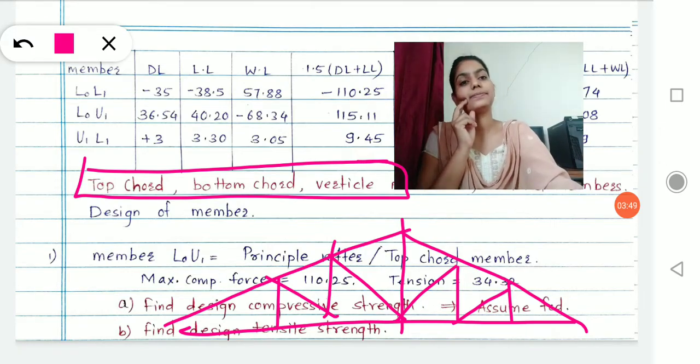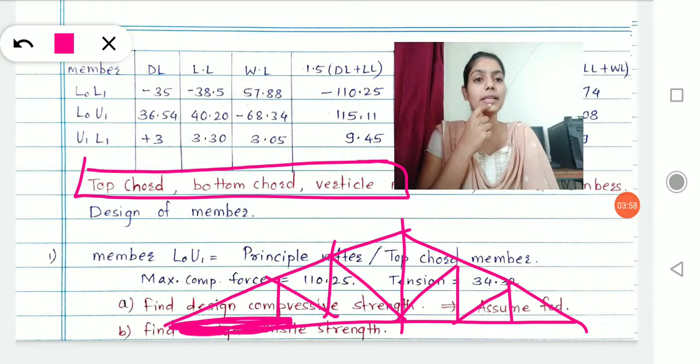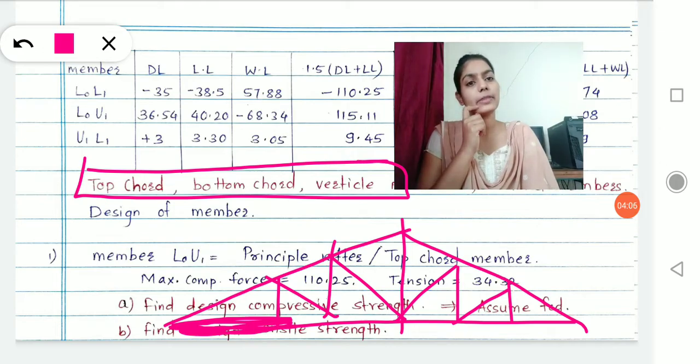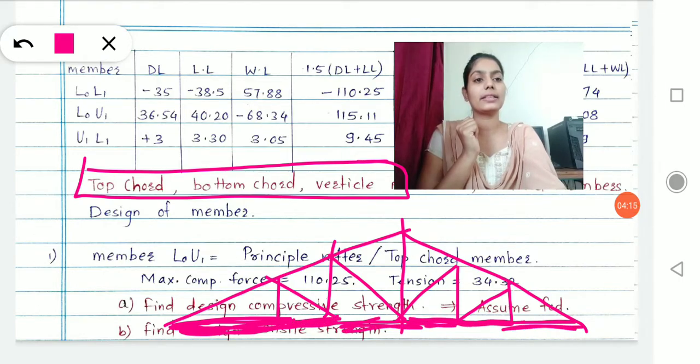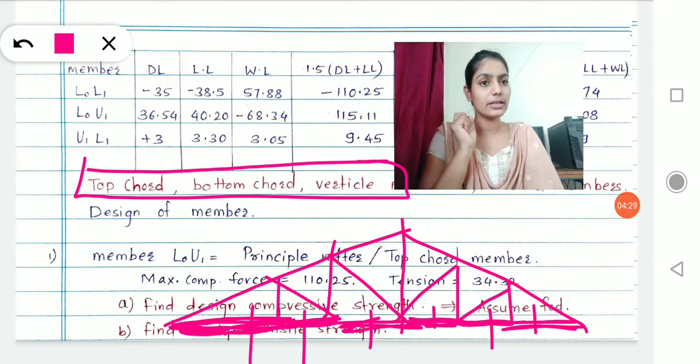How? See, if I choose to design this horizontal member here, then I will say this member has to be designed as a bottom member. Why a bottom member? And every member in its direction, the second member, third member, fourth member, fifth and sixth, this 1 2 3 4 5 6, all these 6 members are considered as bottom chord members, and we are going to design them as bottom chord members.